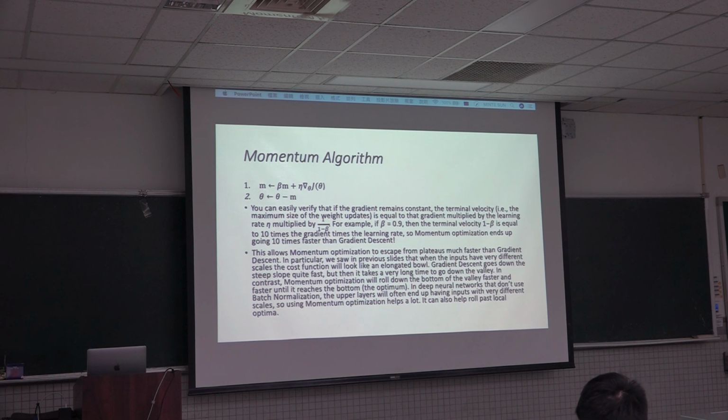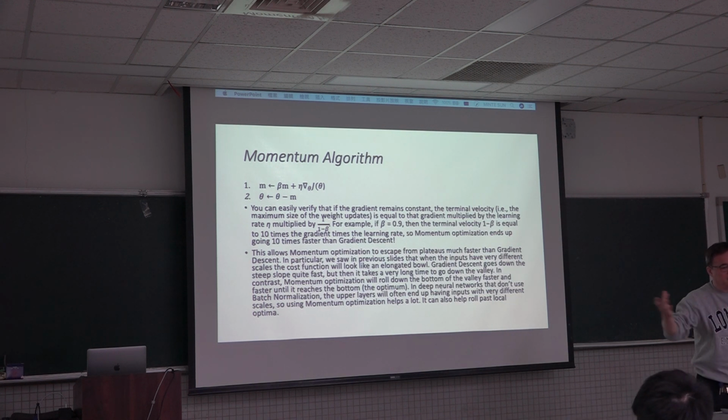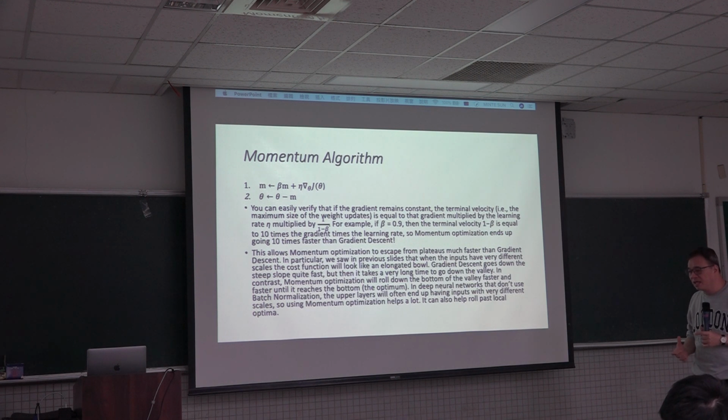What happens? We are talking about an elongated ball. A regular ball is round, right? An elongated ball is longer in one direction. So it's kind of like this.